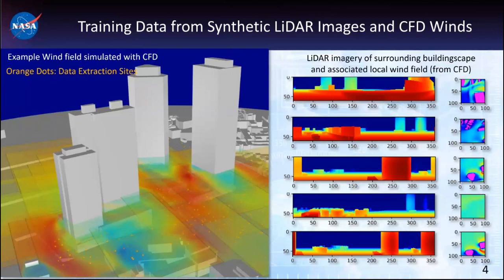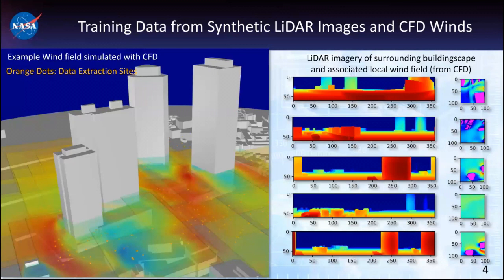And in this synthetic environment, the orange dots here on the left side of the screen are locations at which we're going to generate two pieces of data.